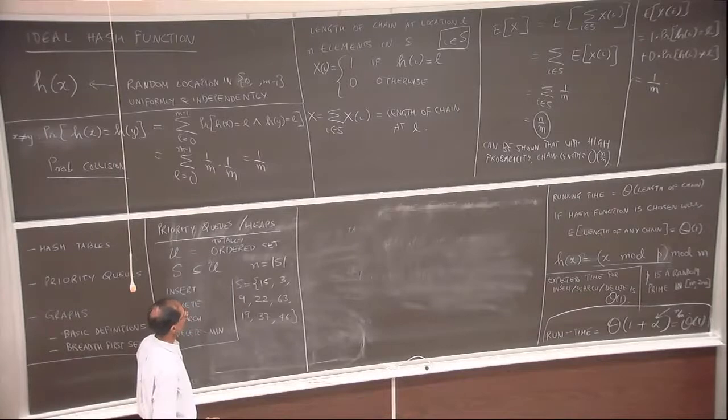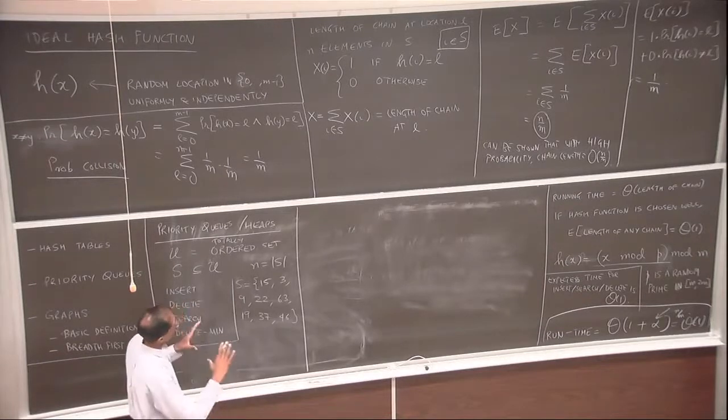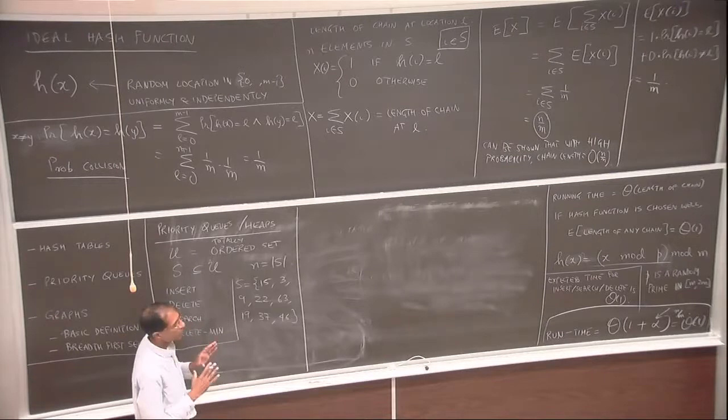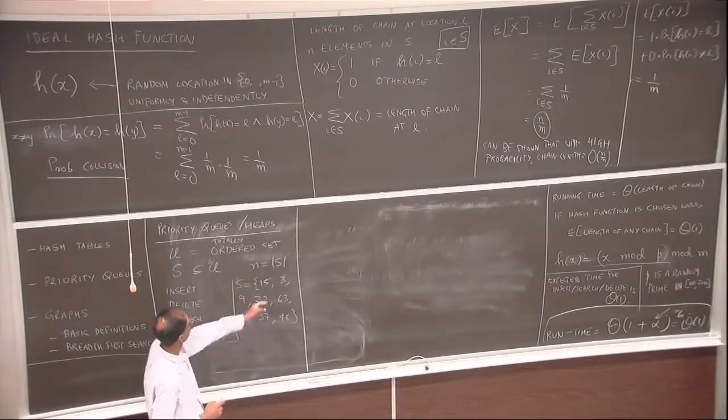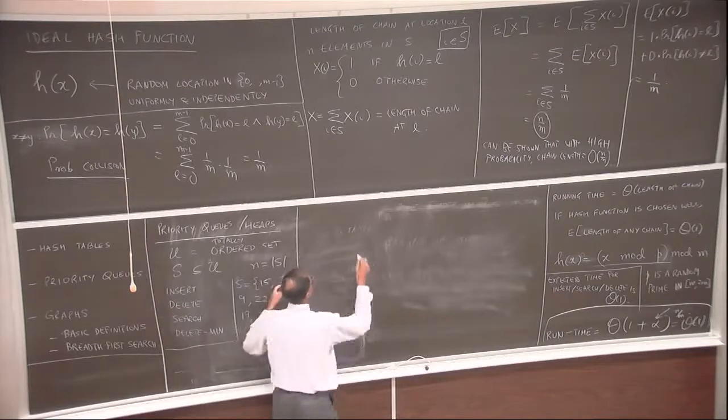It's going to store elements in a balanced binary tree. I'm going to draw it as a binary tree, then we are going to see that it's very easy to maintain it as an array, where the tree is implicit. But so that in these numbers, the min is always at the top.